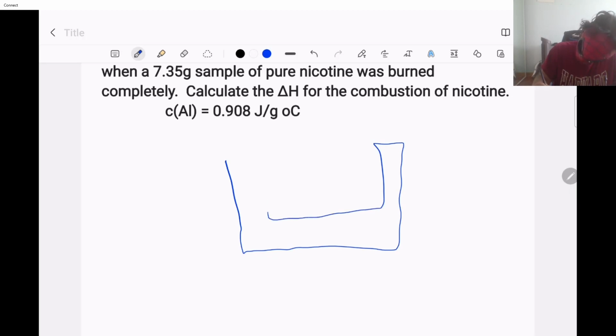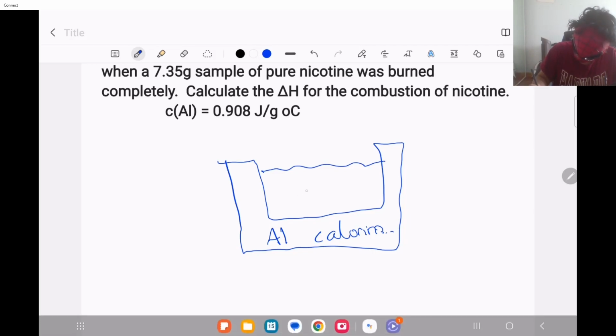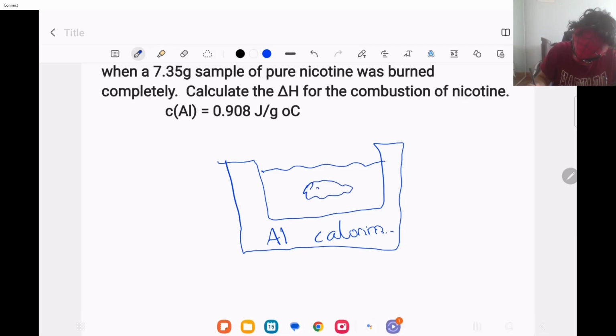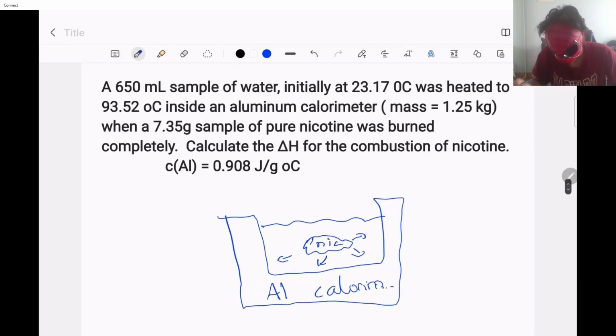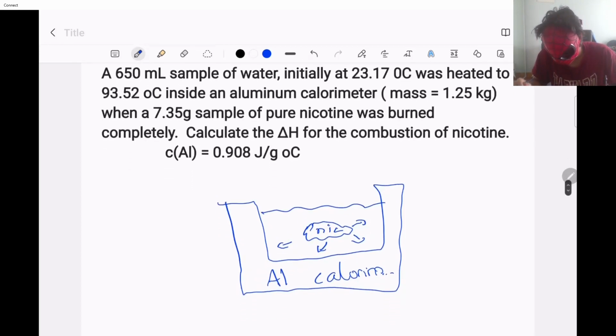So this is the aluminum calorimeter, this is the water inside, and this is the nicotine. The nicotine is burning and releasing energy to the aluminum calorimeter and the water. So the delta H, the change in enthalpy, of the nicotine would be a negative number.